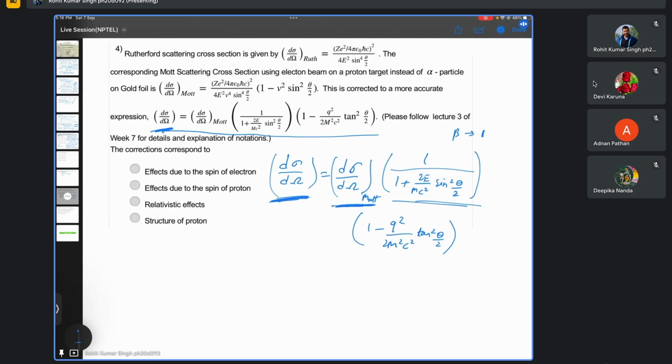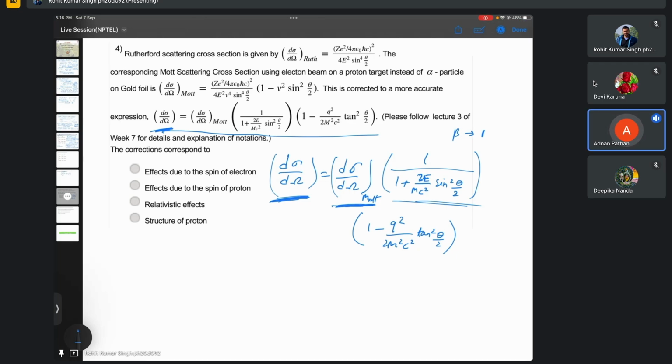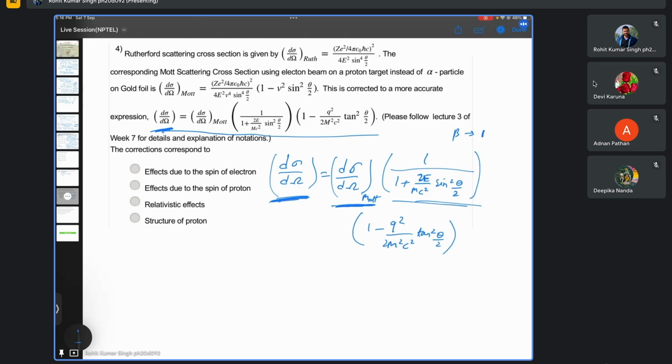But this energy here is the energy of what? That's the energy of the electron beam. If this E is very small, then this whole term becomes just 1, right? If the energy of the beam is significant, then this factor comes into play, and it also depends on theta. So this theta is the scattering angle basically, right?